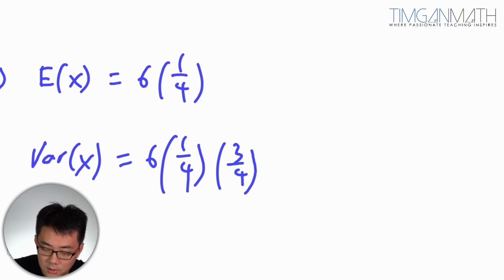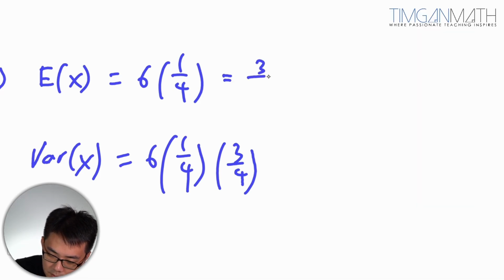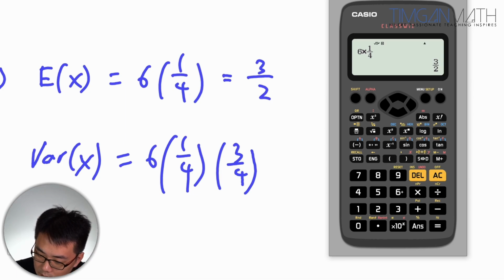Okay? So 6 times 1/4 is 3/2. Then after which 6 times 1/4 times 3/4, that will be 9/8.